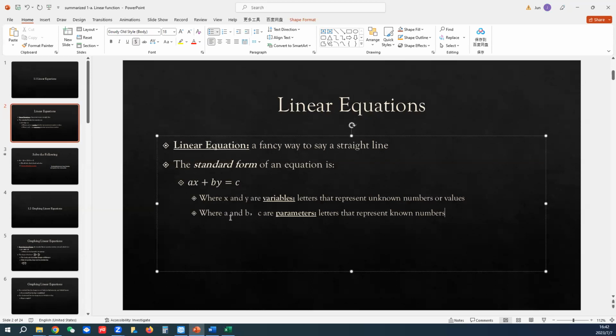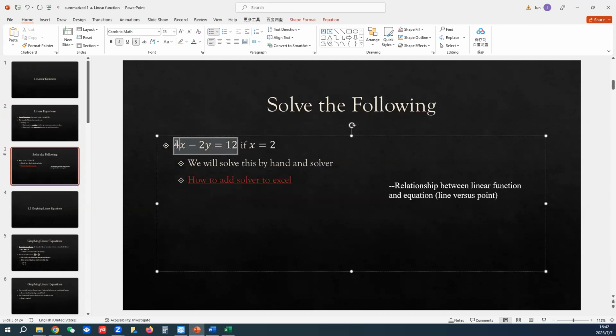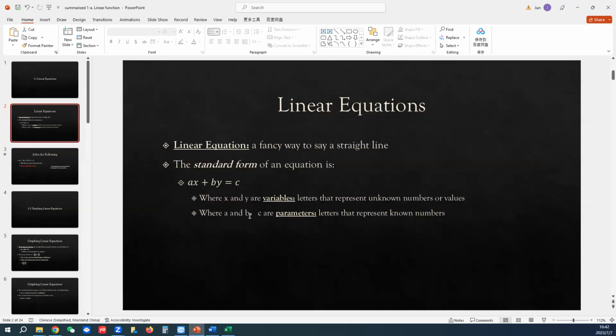So here we are just using those abstract generalized A, B, C letters to stand for those numbers, but actually in the real example, A is 4, B is -2, C is 12. Okay, so those are what parameters mean. Those mean constants.